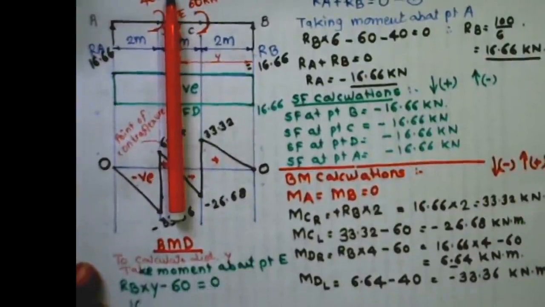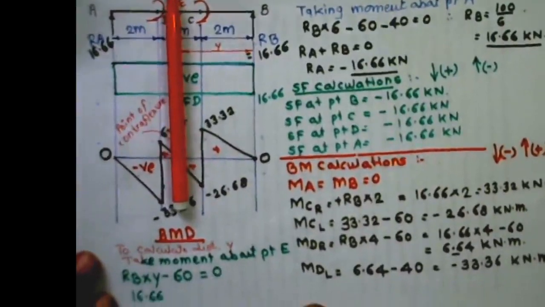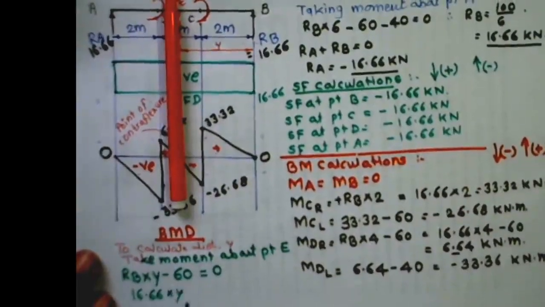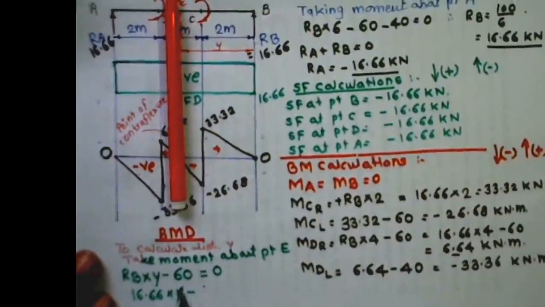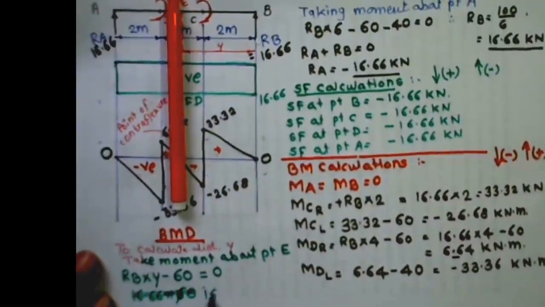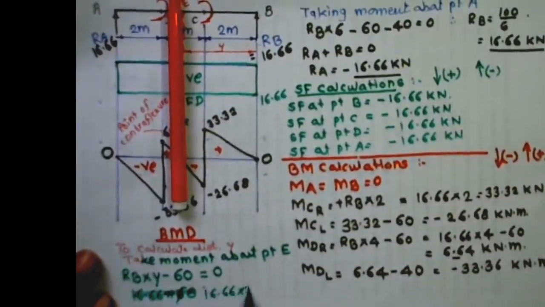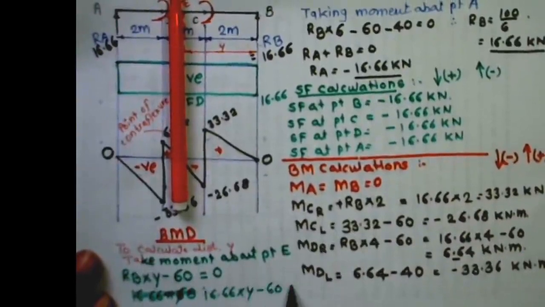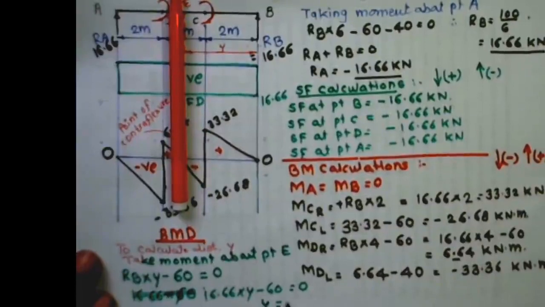RB is known, 16.66 into Y minus 60 is equal to 0. So in this case you will get the answer for Y. Y is equal to 3.60 meter.